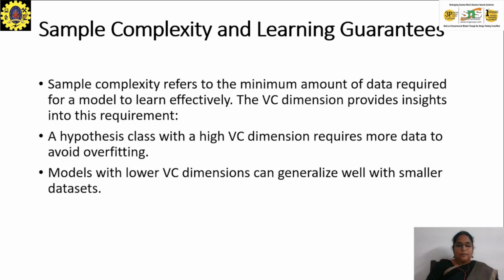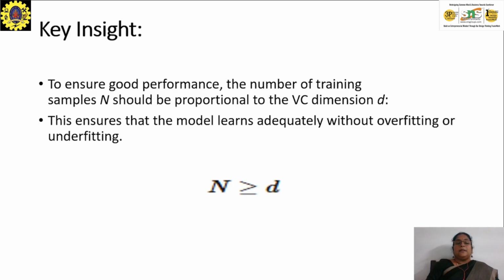A model with lower VC dimension can generalize well with a smaller data set. This is called sample complexity. The key insight is that, for good performance of a machine learning algorithm, we need to ensure that the training sample size is always greater than or equal to the VC dimension value D.